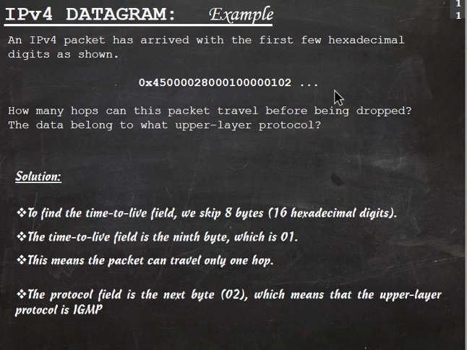So here it is 02. If you remember, 02 is the code corresponding to the protocol IGMP. So 02 corresponds to IGMP, that is Internet Group Management Protocol. So this is a packet related to IGMP.